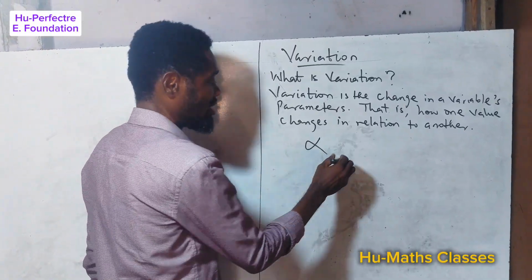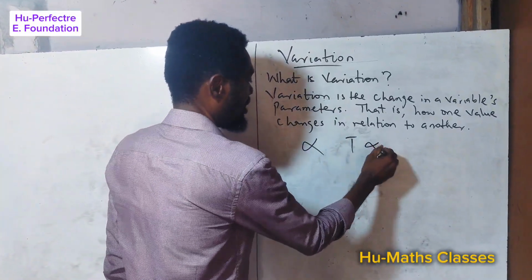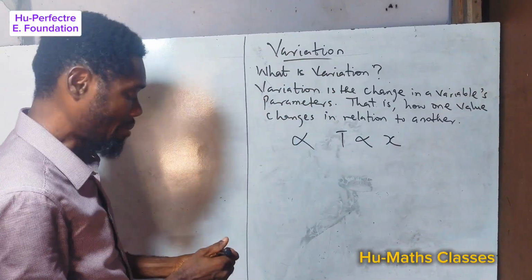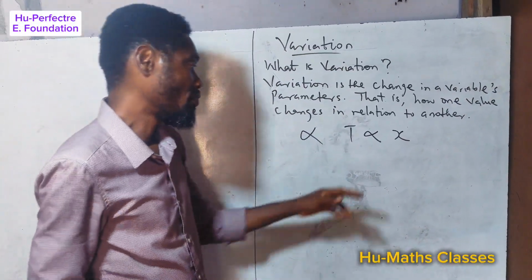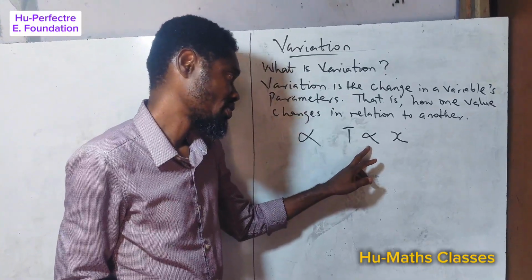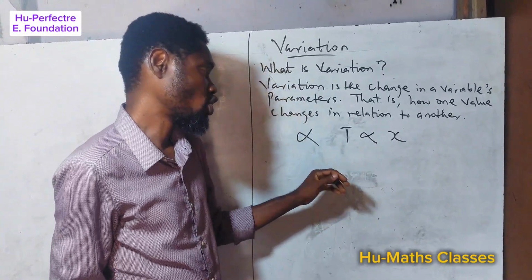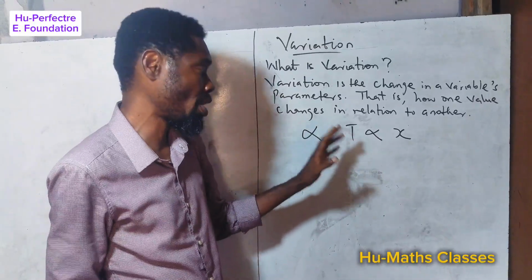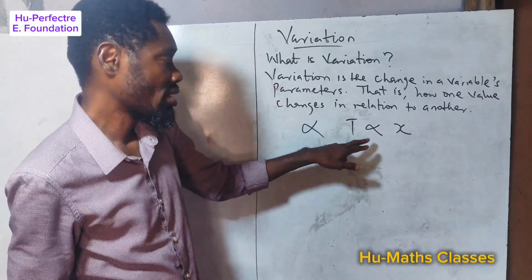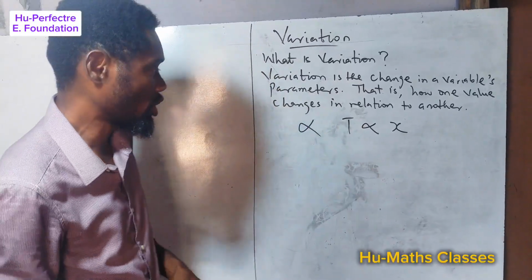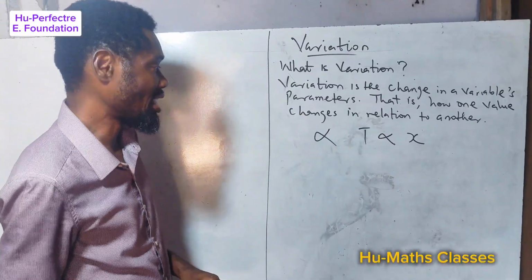If I write t, the symbol, and x, then I'm saying t varies with x. It could be inverse, it could be direct. When we talk about the types of variation, you get to understand what this stands for. But this is the symbol we use for variation or proportionality.